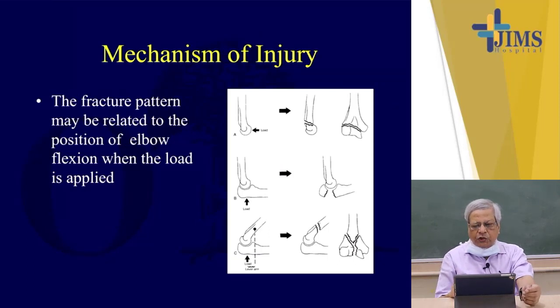The mechanism of injury: the fracture pattern may be related to the position of elbow flexion when the load is applied. Either this could be a straight elbow like this, so the fracture line may look like this or like this from the AP view, or if the load is here, that is at the olecranon, then there could be an avulsion fracture of the olecranon, about which I'll talk to you in the next class.